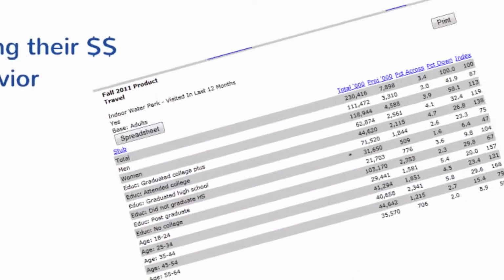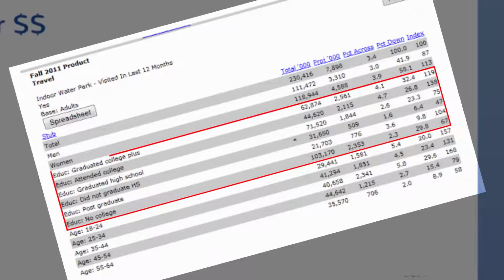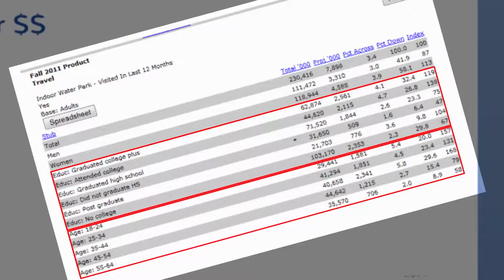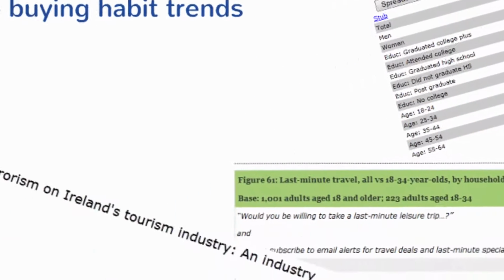We can look at something like indoor water park trends broken down by education and age in this table. And we can see the large number of people who have visited an indoor water park in the last 12 months, and then some other elements that we'll go into in a more specific tutorial about this database. But there's lots of consumer level data out there highlighting what they're doing and what their habits are.